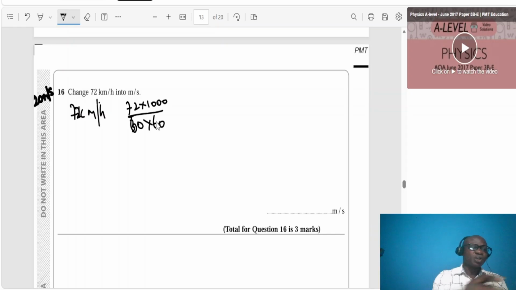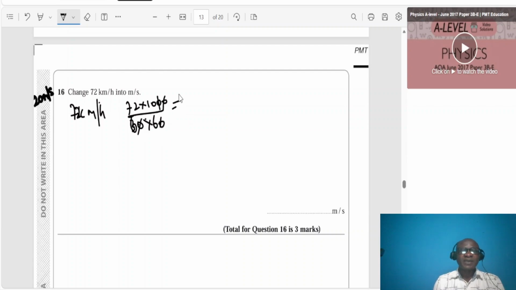The reason is because if you divide by the first 60, it will change hours to minutes. The second 60 will now change minutes to seconds. That is why I have to multiply like that. Therefore, I cancel 1, 2, 1, 2.